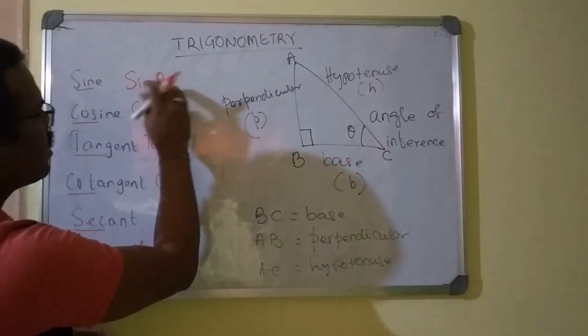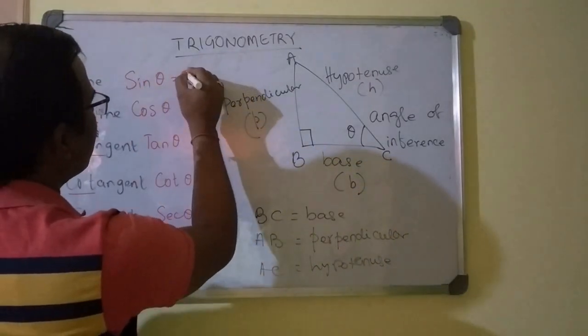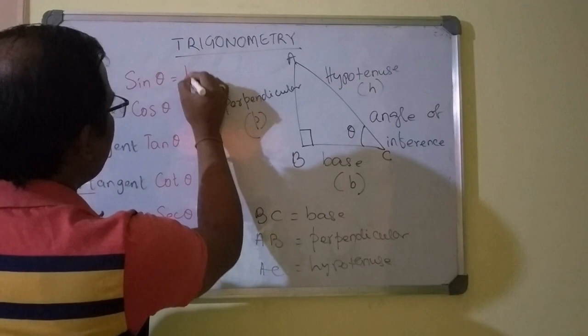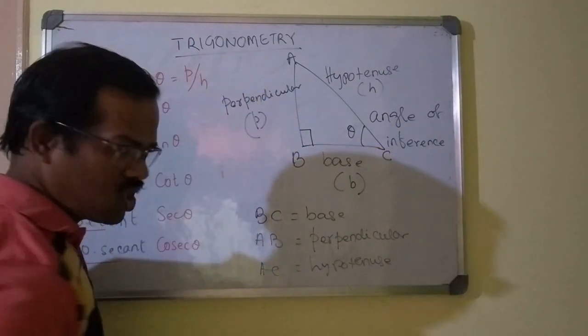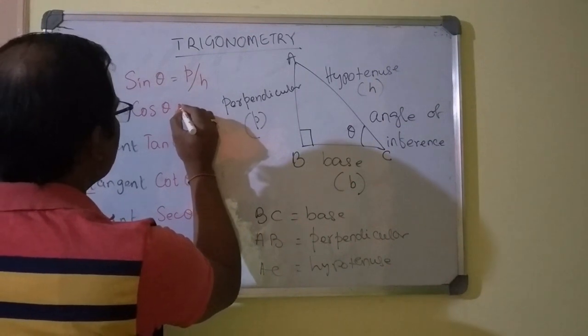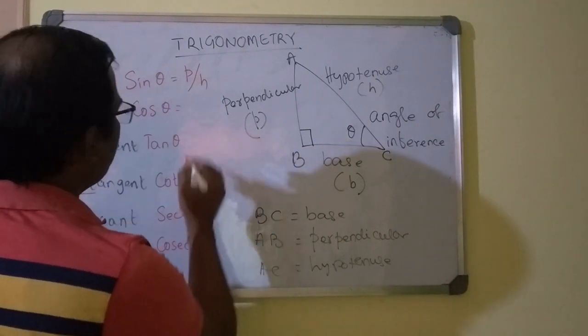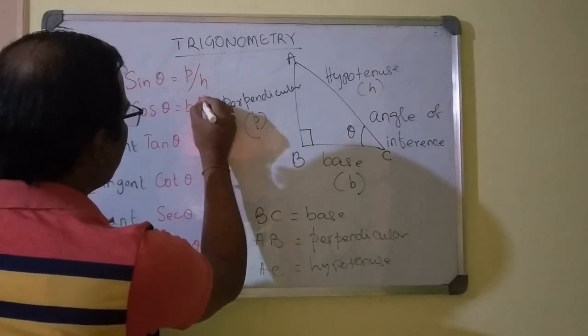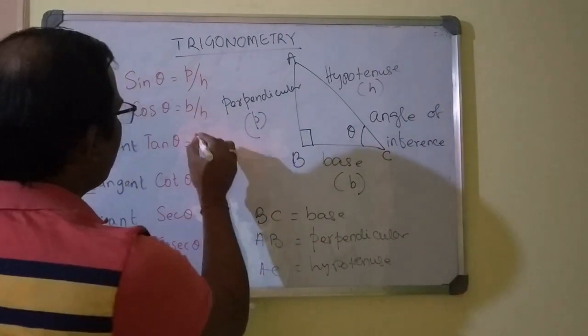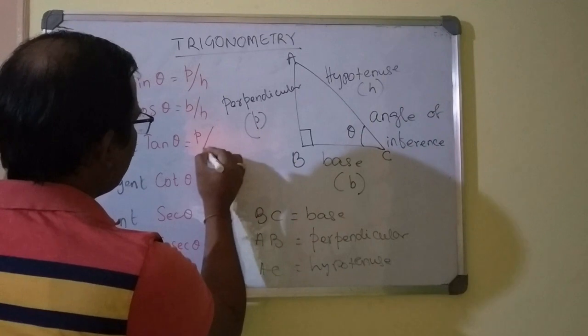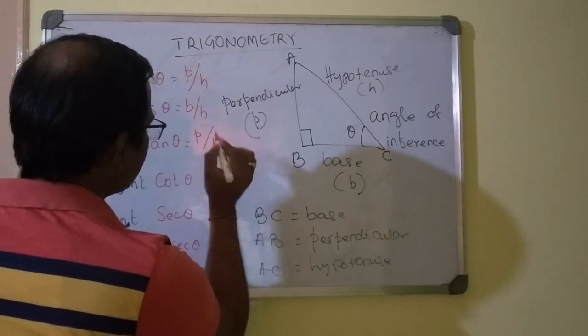The sin theta is represented by the perpendicular by hypotenuse, P by H. You have to remember all these. The cos theta will be represented by base by hypotenuse, or B by H. Tan theta will be represented by perpendicular by base.